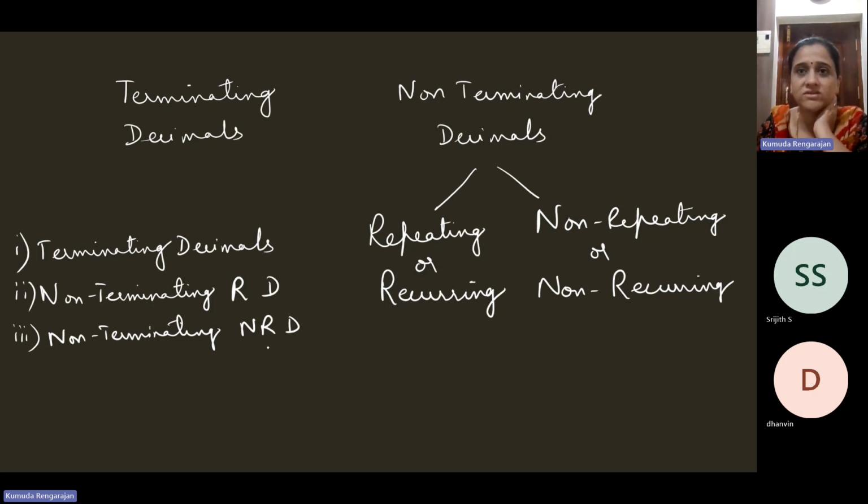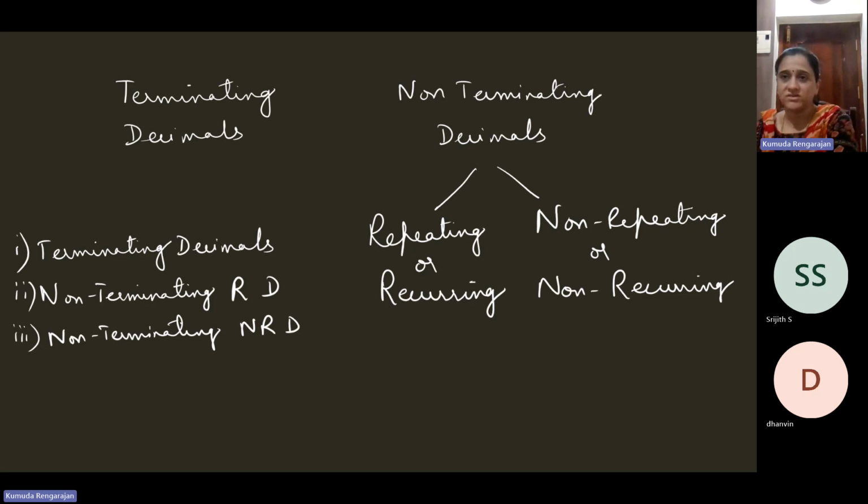Don't write like this. There's no place, so I didn't want to write it fully. So non-terminating, repeating decimal, non-terminating, non-repeating decimal. So these are the three decimal forms: terminating decimals, non-terminating, repeating or non-terminating, recurring decimals, non-terminating, non-repeating or non-terminating, non-recurring decimals.